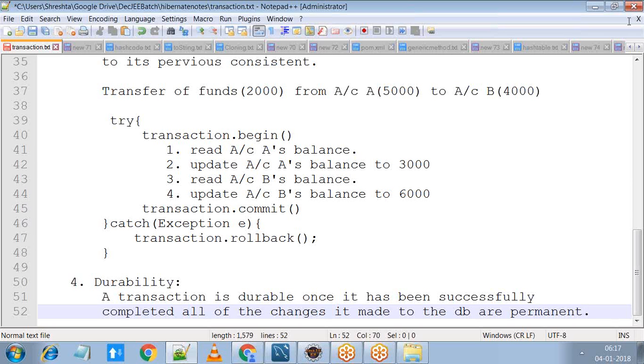We say a transaction is durable once all the changes the transaction does to the DB can be stored permanently in the database. Then we can say the transaction is very much durable. That is what it indicates.